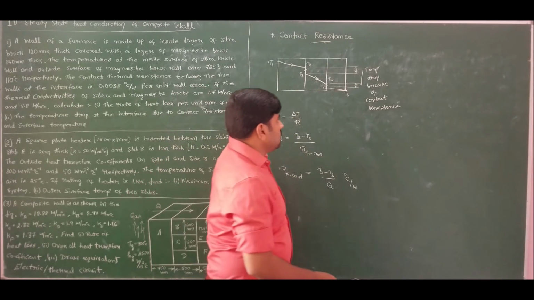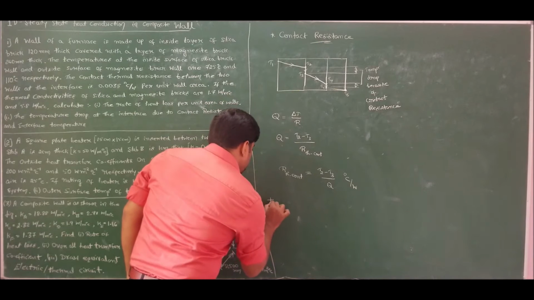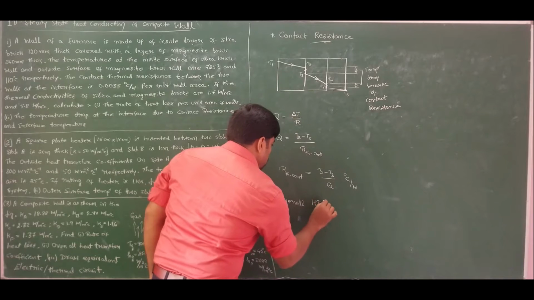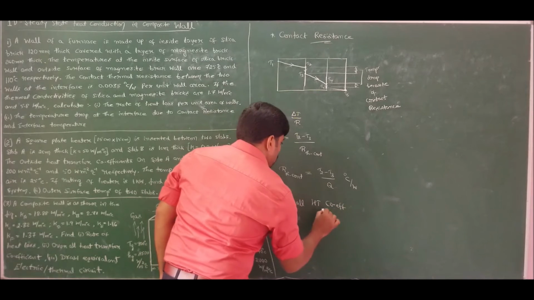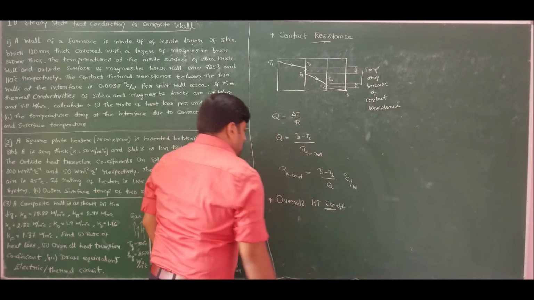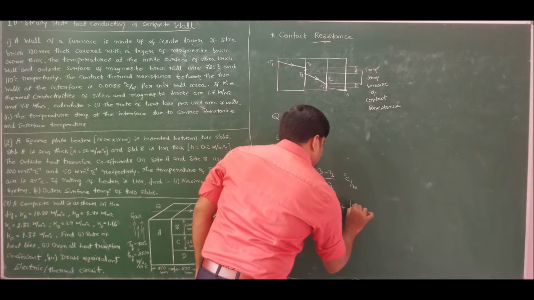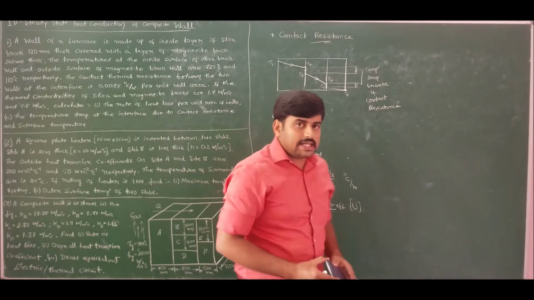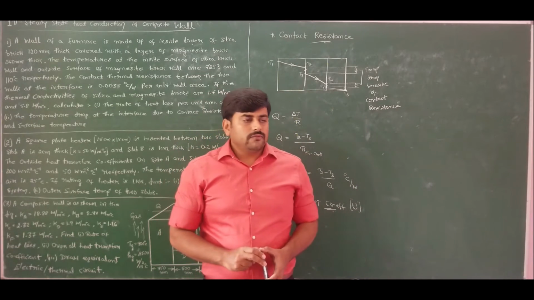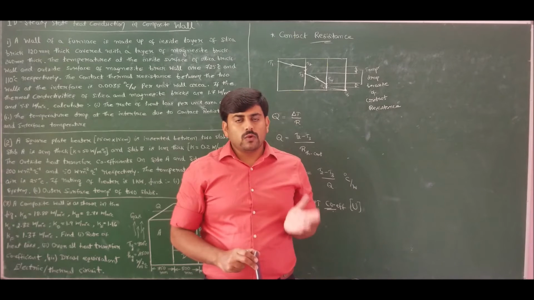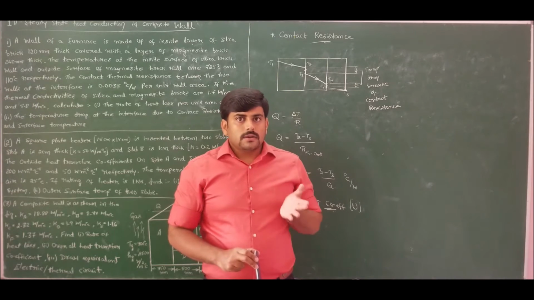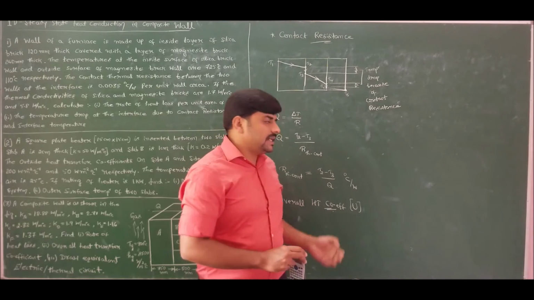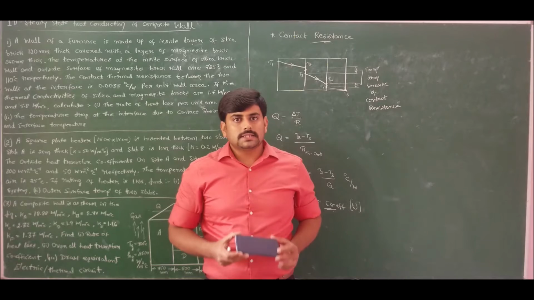Next, another very important concept is the overall heat transfer coefficient, denoted by U. Whenever there is heat transfer from fluid to fluid with metal boundaries, expressing the heat transfer in terms of the overall heat transfer coefficient is beneficial.